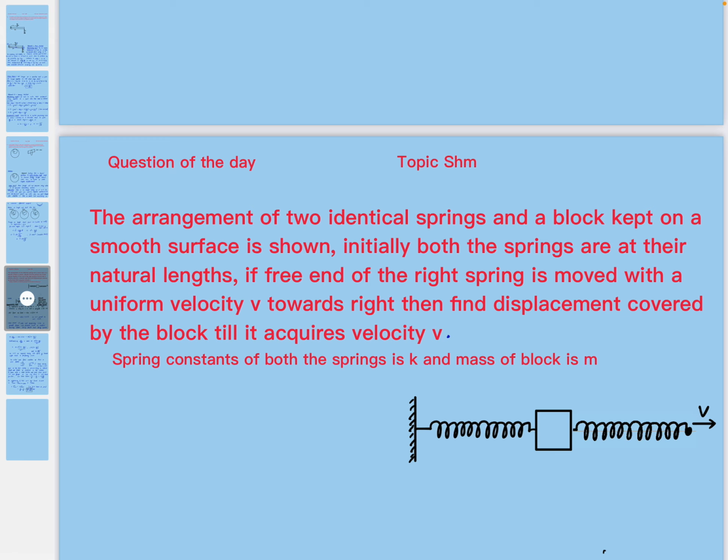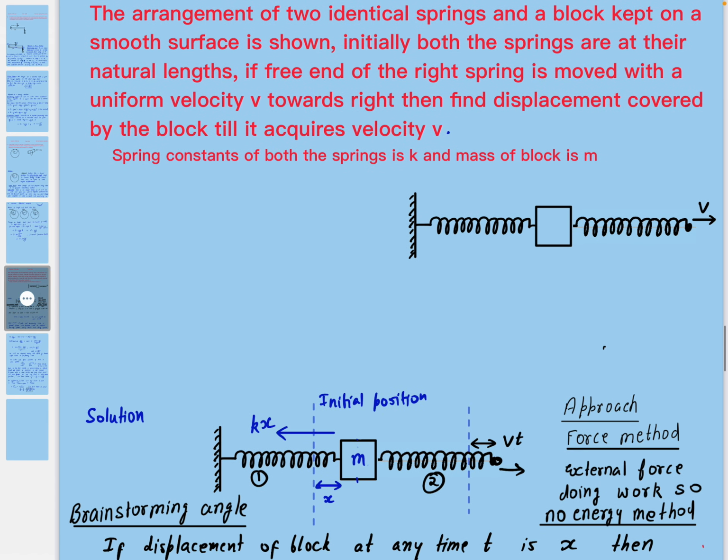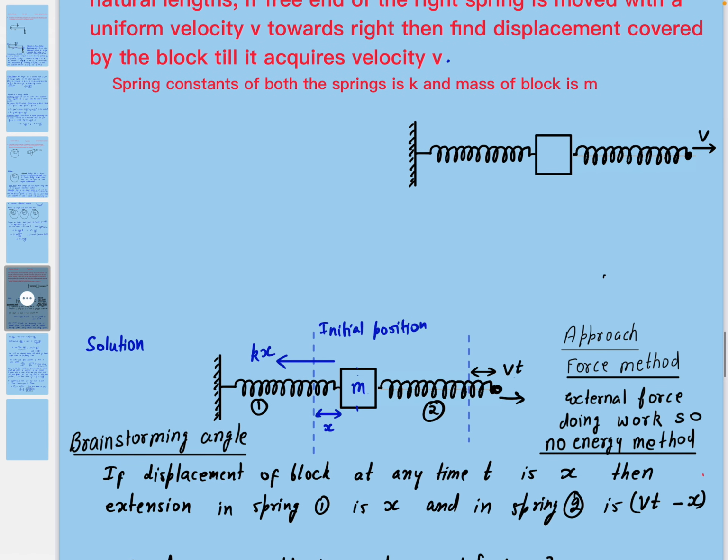My brainstorming angle should be towards writing the force equation in terms of displacement covered by the block. Force method means we should try to write the force equation. Energy method we are not using.